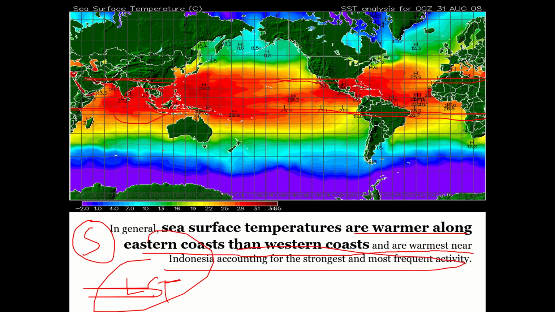This is directly linked to the number of cyclones being formed in this region. So temperature difference is a basic thing that we should understand. And this temperature difference occurs because of the uneven heating of the sea surfaces across the globe.